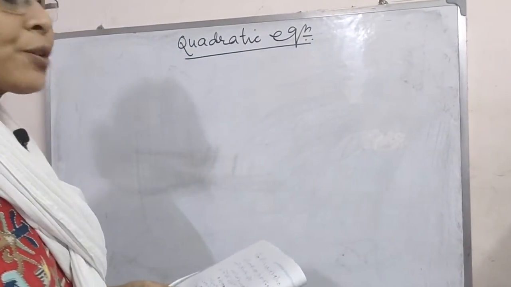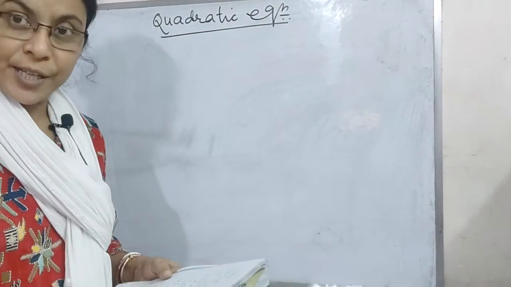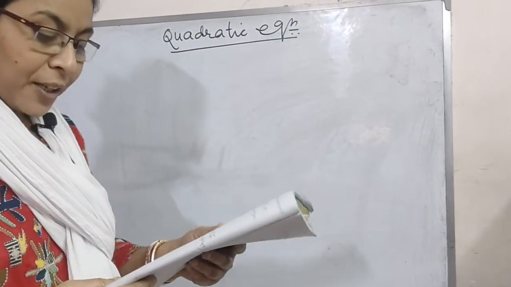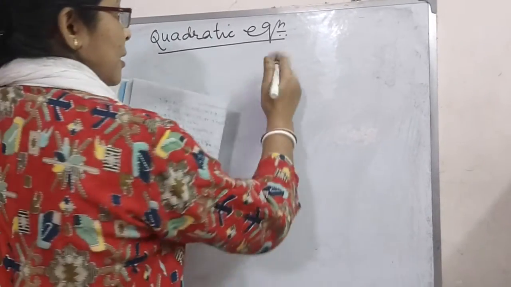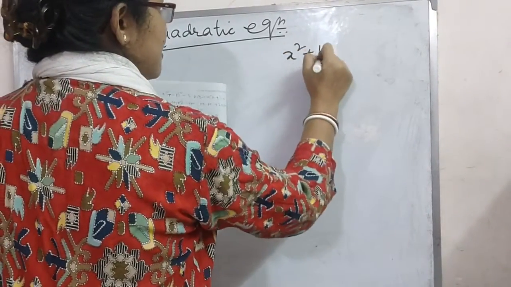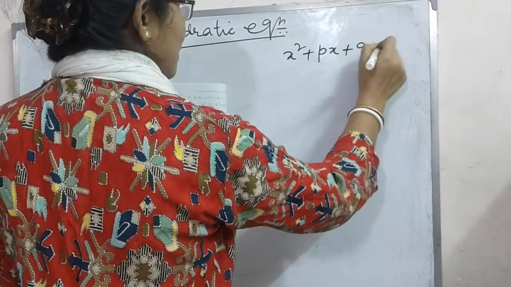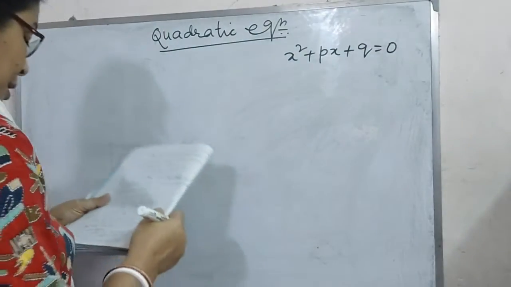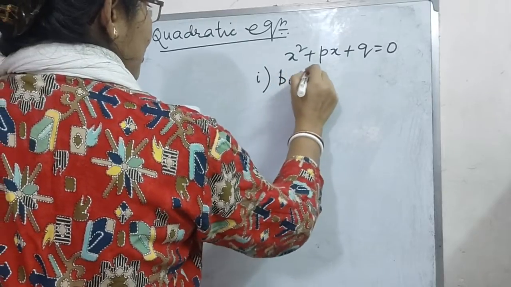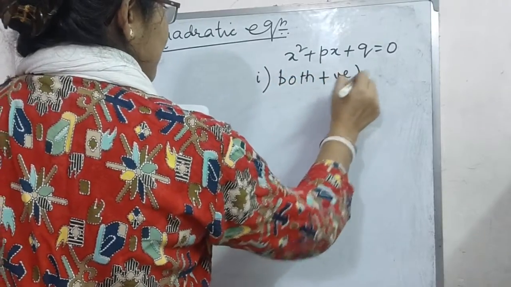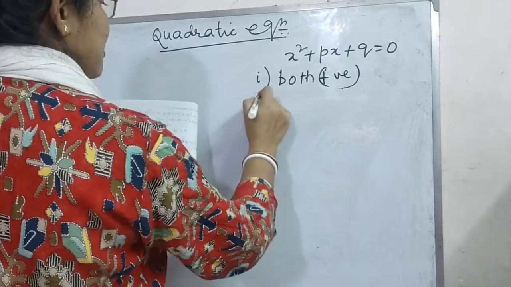This is the continuation video of quadratic equation. This is the 10th video. Find the condition that the roots of the quadratic equation x square plus px plus q equal to 0 should be: first, both positive.